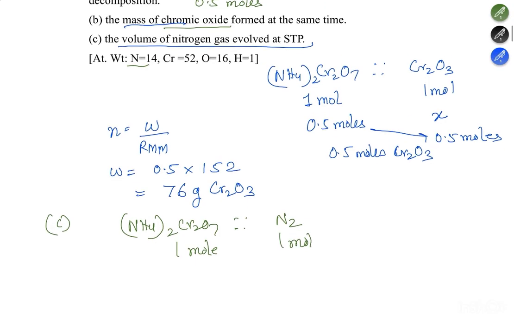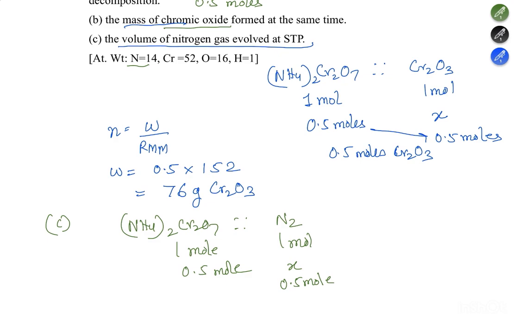We calculated 0.5 mole, so that will also produce the same moles of nitrogen gas.